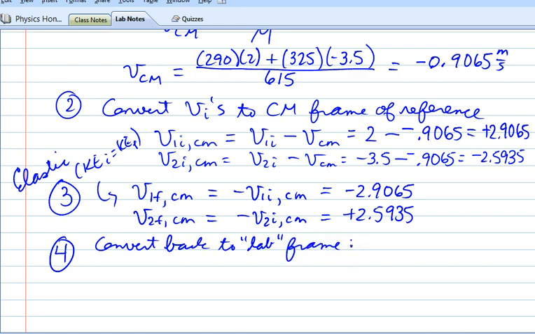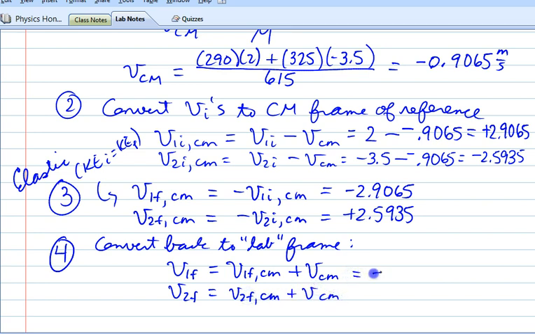And in order to do that, we just take the equation from number 2 and we just solve it, but instead of i's we put in f's. So we have V1 final equals V1 final center of mass plus V center of mass, and V2 final is V2 final center of mass plus V center of mass.